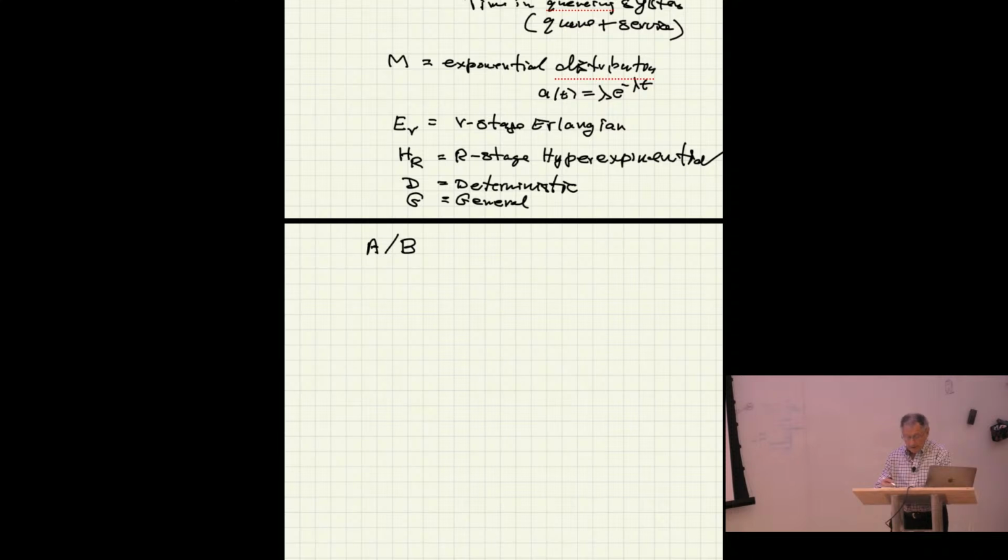So, for example, an exponential interarrival time and a deterministic service would be M/D. Then the next symbol is a little m. That's the number of servers. The next symbol is capital K, which is basically the storage capacity. How many can you hold in the system? And the last symbol is another m, where m stands for the size of the population. So let me just write down some of that.